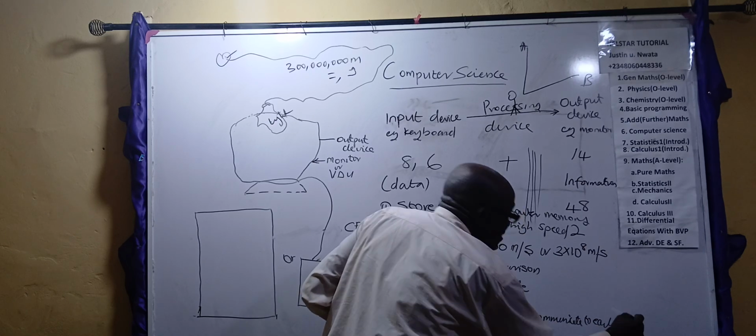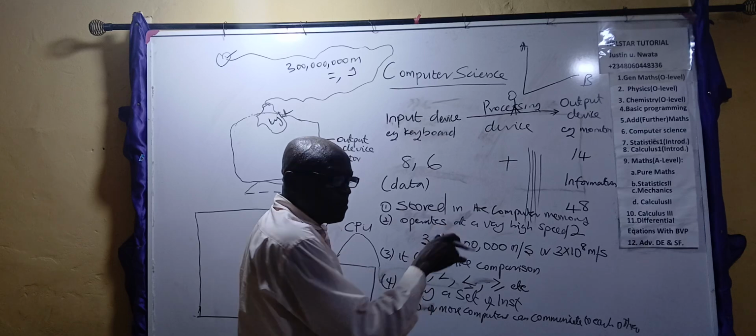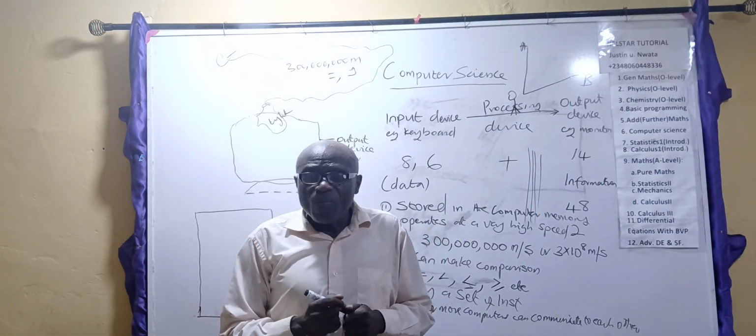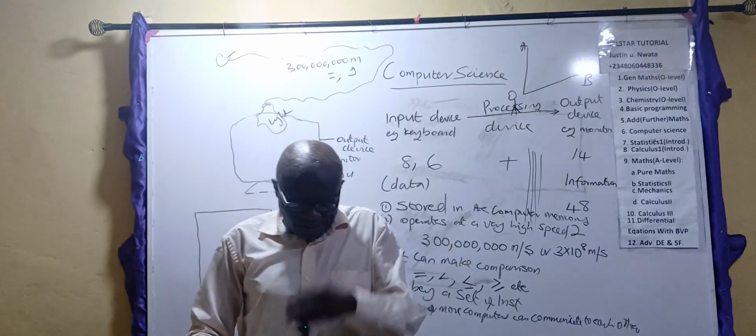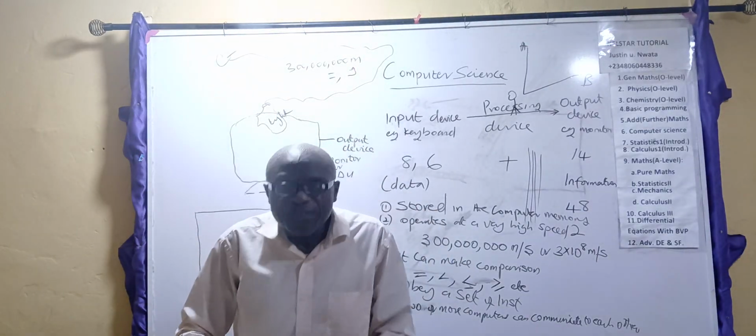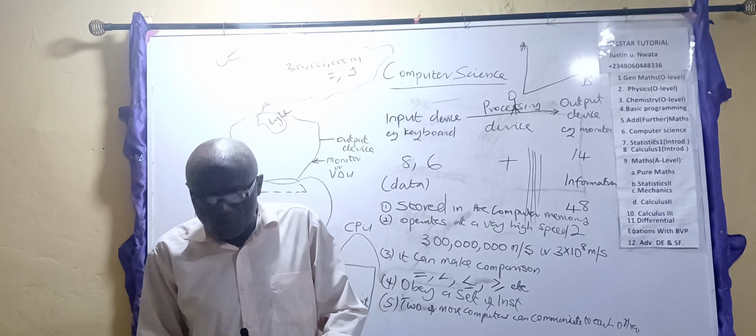This is the advent of the internet. I'm talking about the internet. We are coming to all this. Now, these are the various things the computer can do.